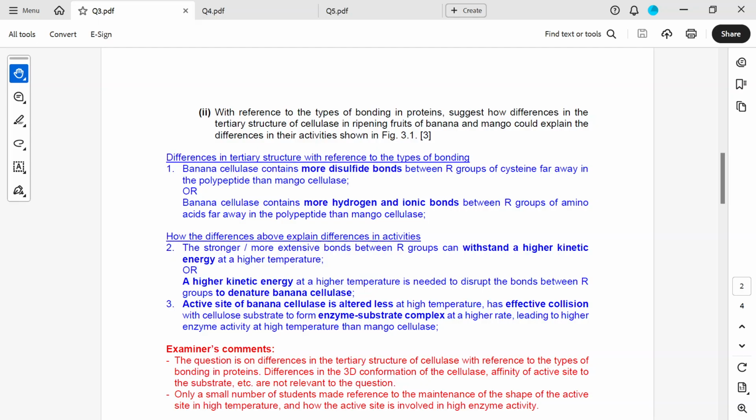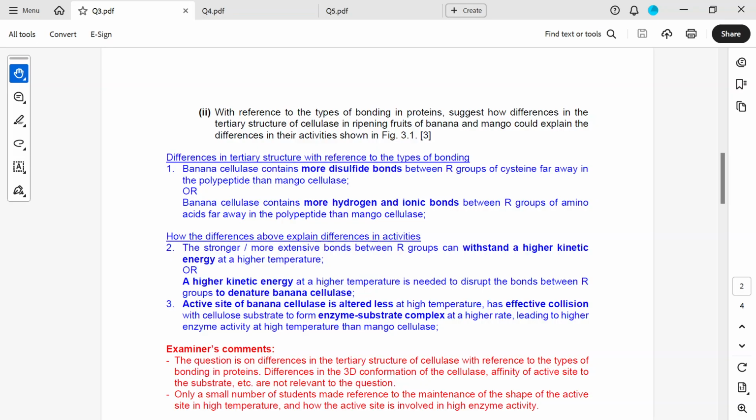The question is asking for differences in the tertiary structure with reference to the types of bonding. And then many of you did not have a complete answer because you did not mention the shape of the active site, how the active site is maintained or not disrupted at higher temperature for the banana cellulase, allowing for effective collision and formation of enzyme substrate complex.